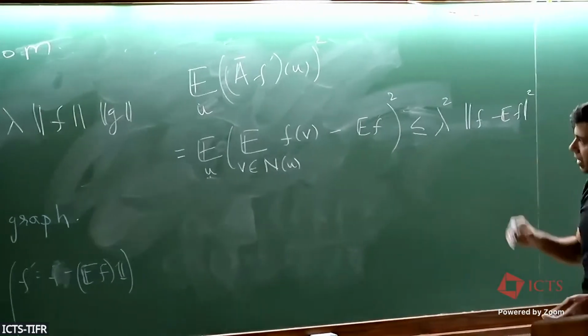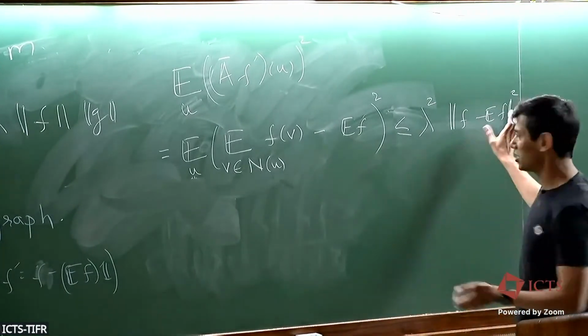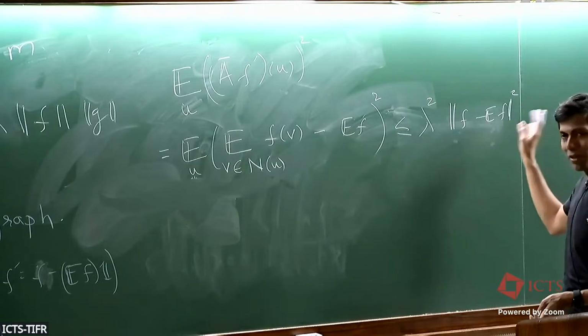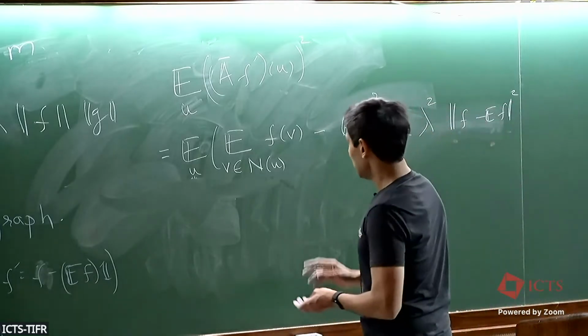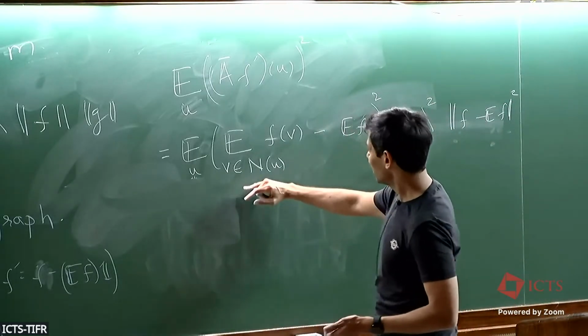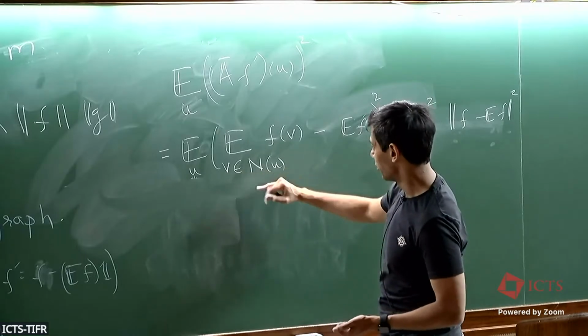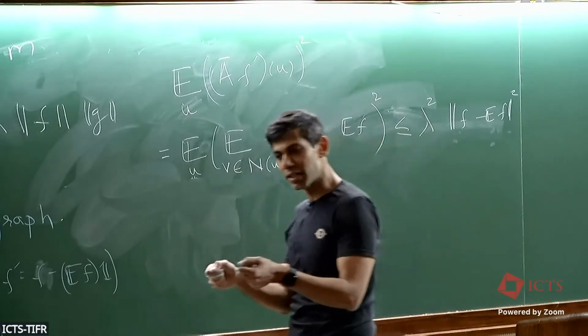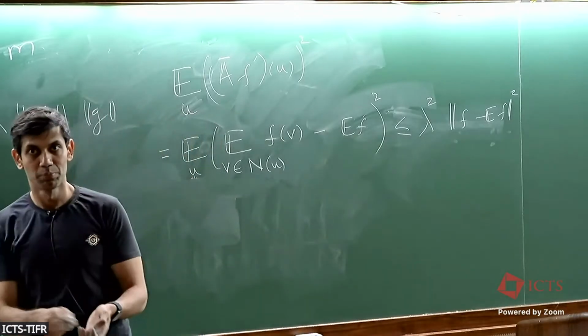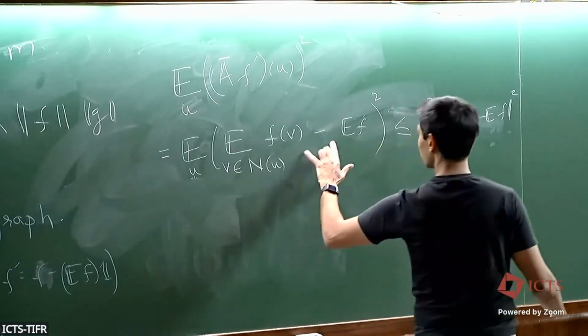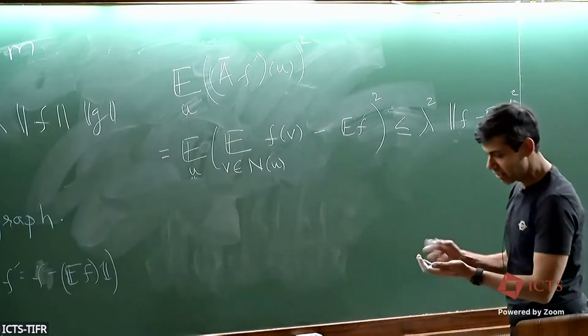And now let's for a second think of this term as just 1. So the norm of f is 1. This is saying, if you look at the local average, so if you look at f, just calculate its average on the neighbors of U, typically it's very close to the global average. Okay? And so it's like a Chebyshev-like inequality.